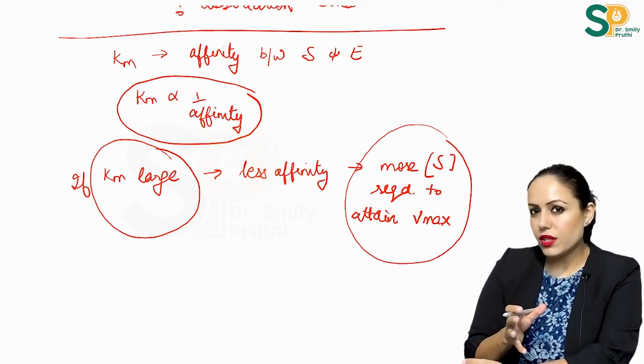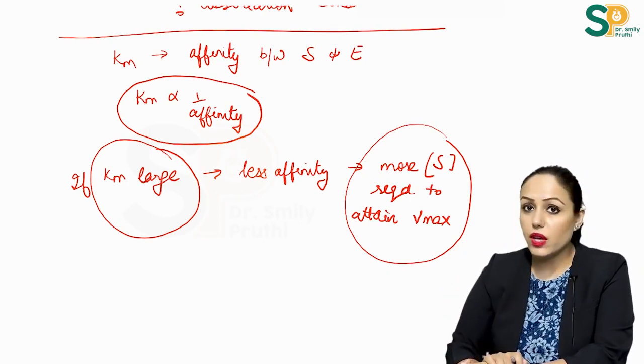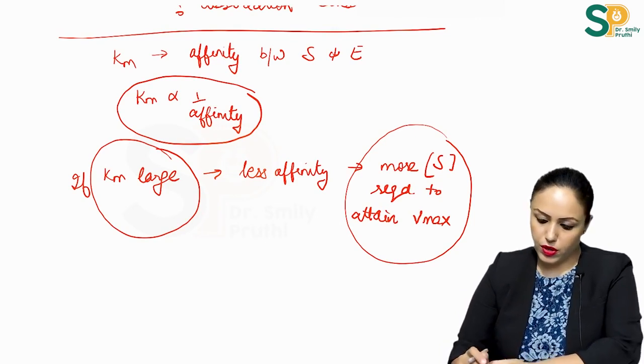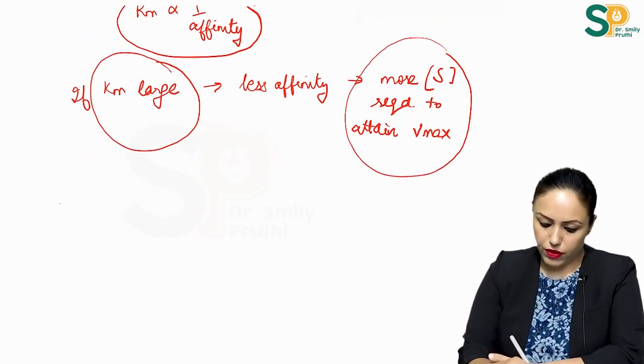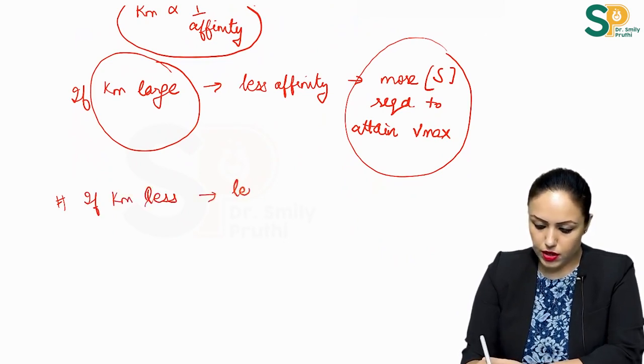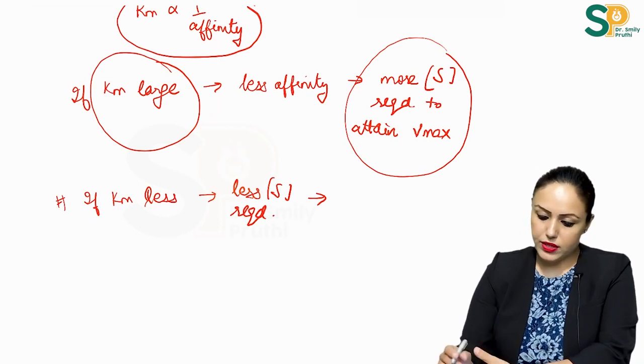So if they have less affinity, then more substrate is required to bind to the enzyme, and only then can Vmax be achieved. Taking the vice versa, if Km is small, then less substrate concentration is required to achieve Vmax.